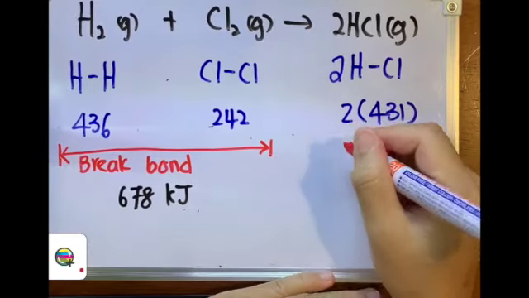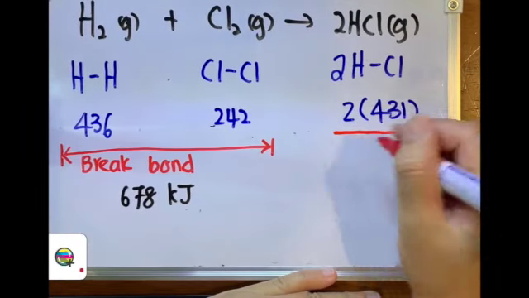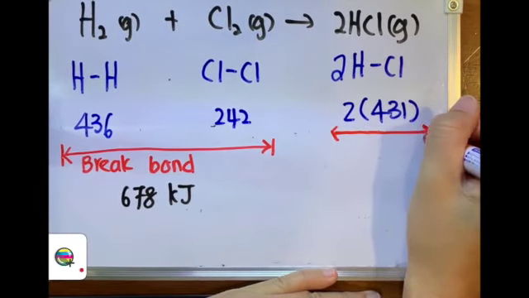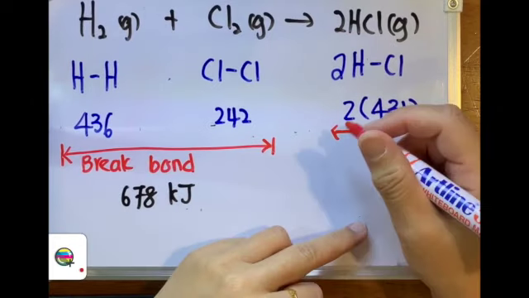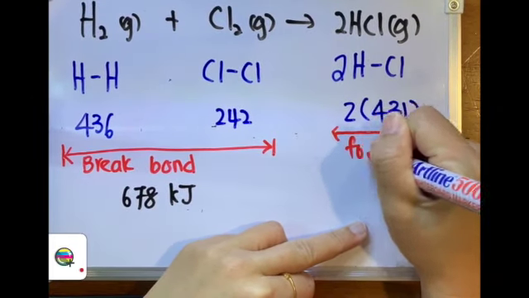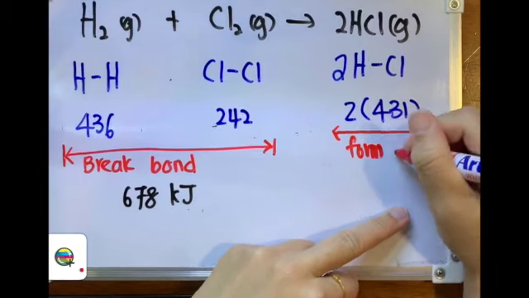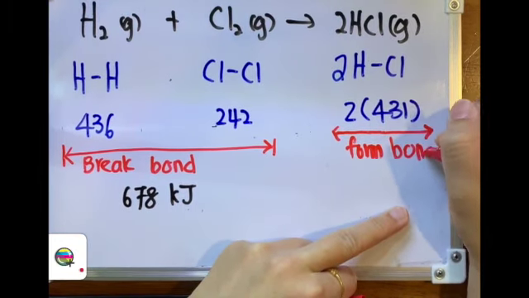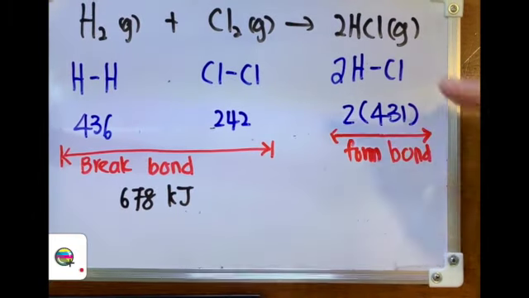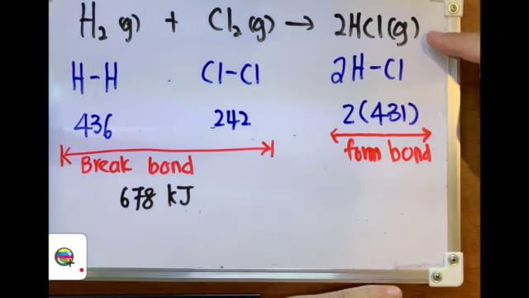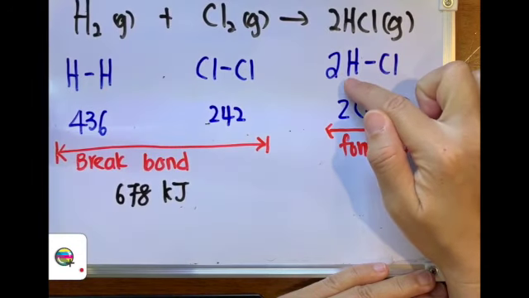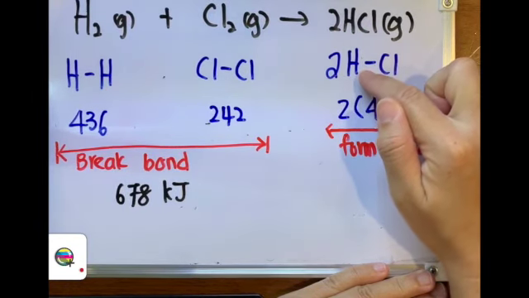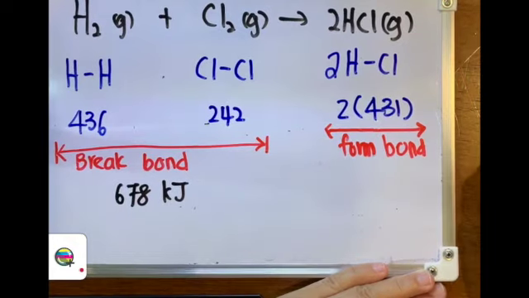And when we are going to form back a chemical bond, we need to release a total amount of energy. In order to work out the total amount of energy released, we need to check what kind of chemical bond is involved here. When we are forming two molecules of hydrogen chloride, they involve the formation of hydrogen-chlorine single covalent bond 2 times.